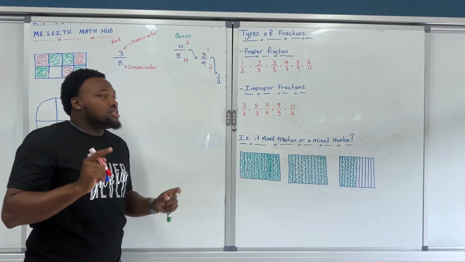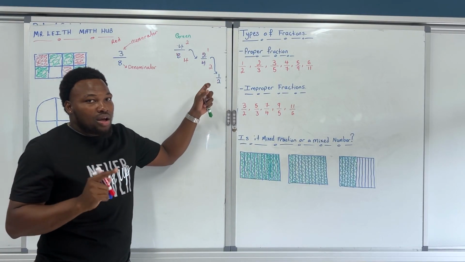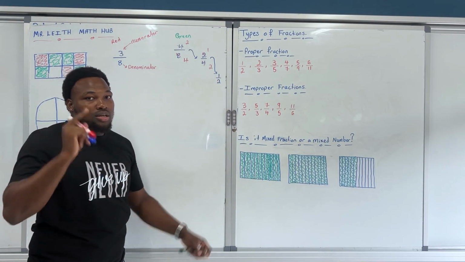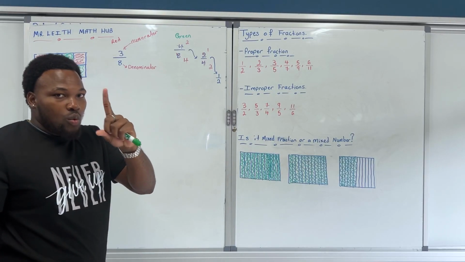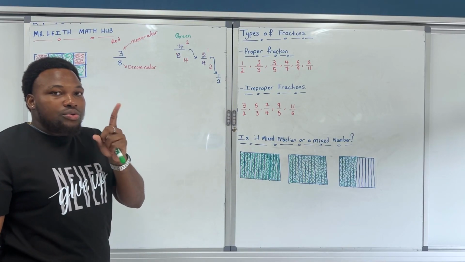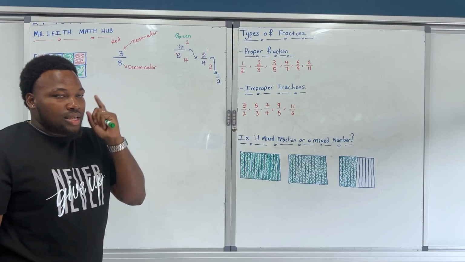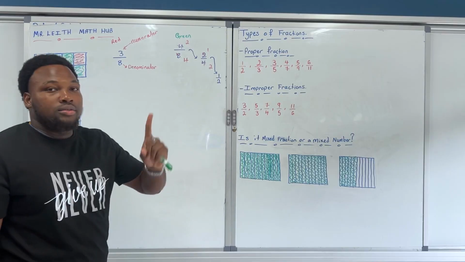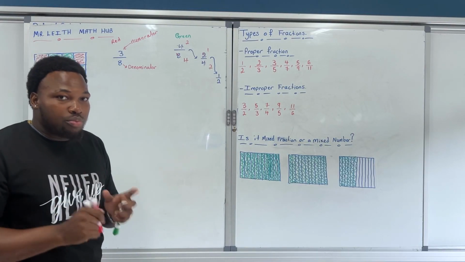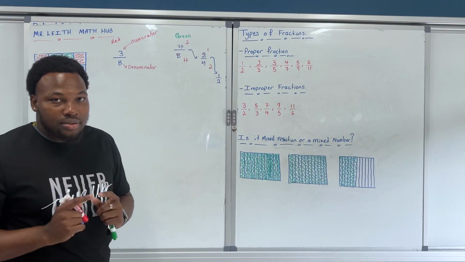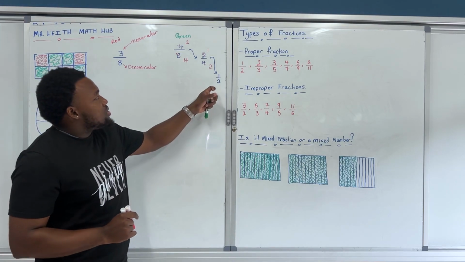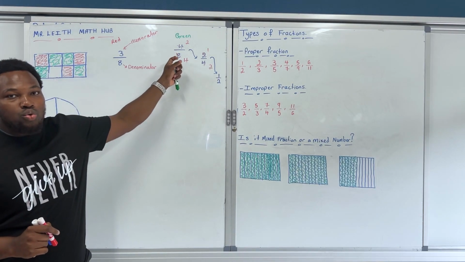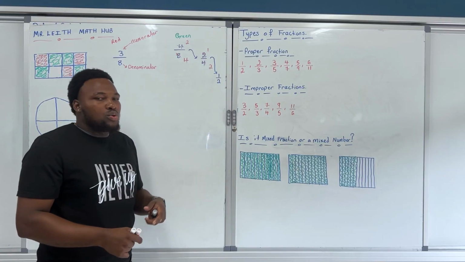Because the only number that can go into both the numerator and the denominator is 1. Never stop reducing until the only number that can go into both the numerator and the denominator is 1. That's all that matters. So this is us reducing by 2, using the smallest number as opposed to the largest.